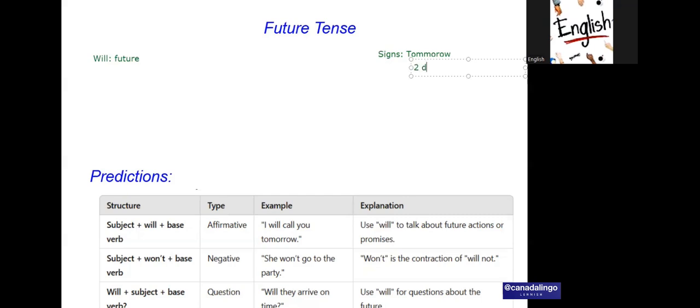It means, for example, 2 days later or 1 week later. Then, for example, tonight. You can use tonight because if it is morning now, you can say tonight I will blah blah.